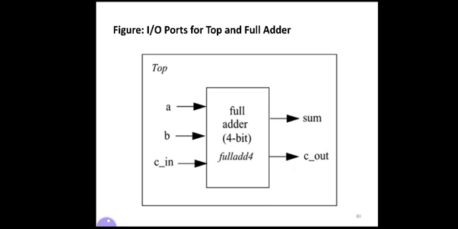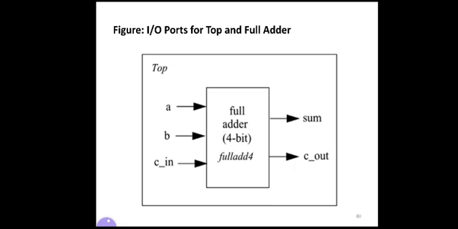This figure shows the input and output ports for top and the full adder. Observe that top is the name of the top module, whereas it does not have any port.